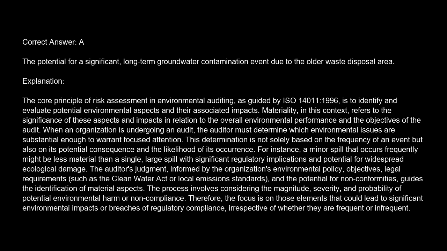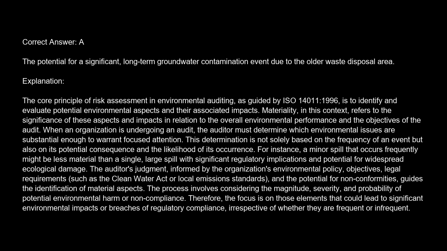For instance, a minor spill that occurs frequently might be less material than a single, large spill with significant regulatory implications and potential for widespread ecological damage. The auditor's judgment, informed by the organization's environmental policy, objectives, legal requirements such as the Clean Water Act or local emission standards, and the potential for nonconformities, guides the identification of material aspects.